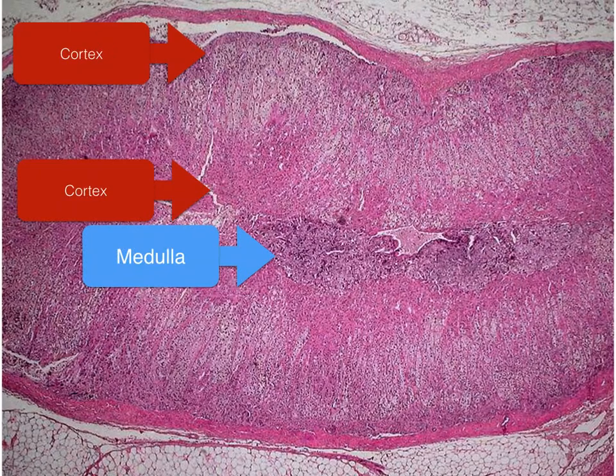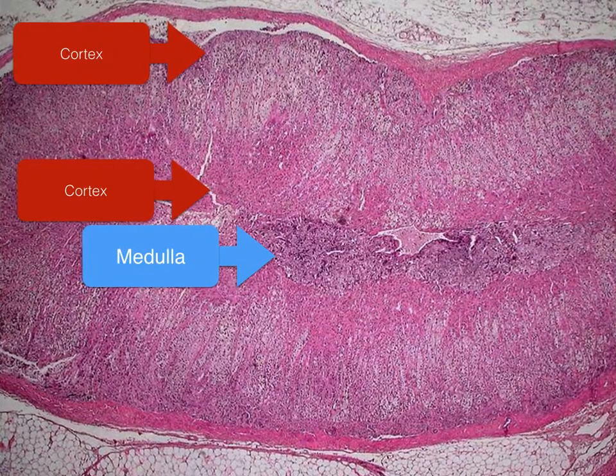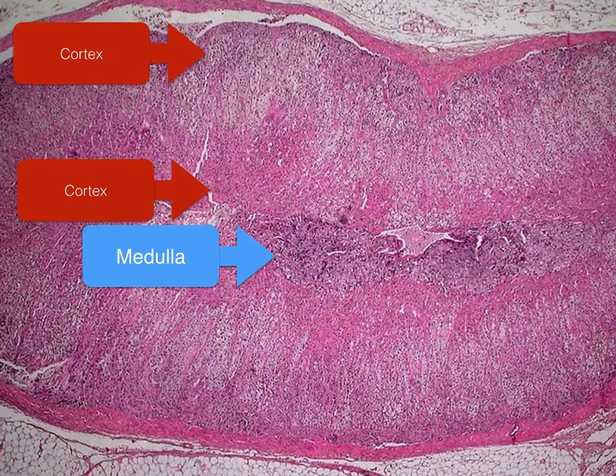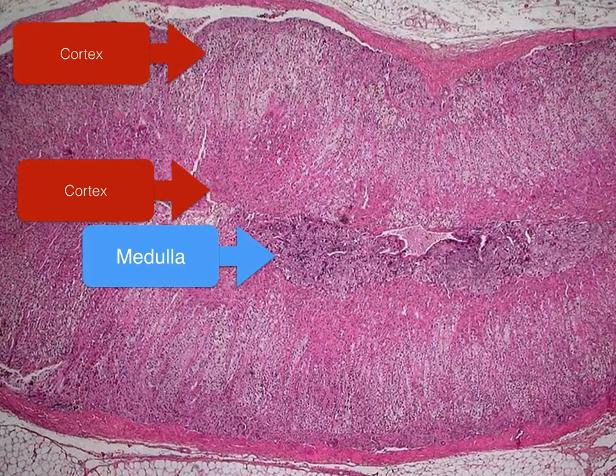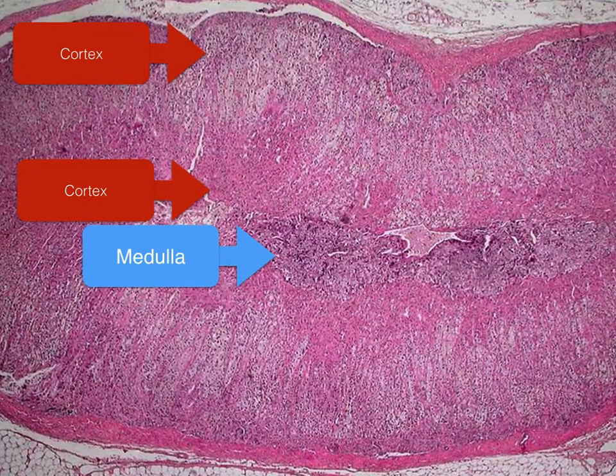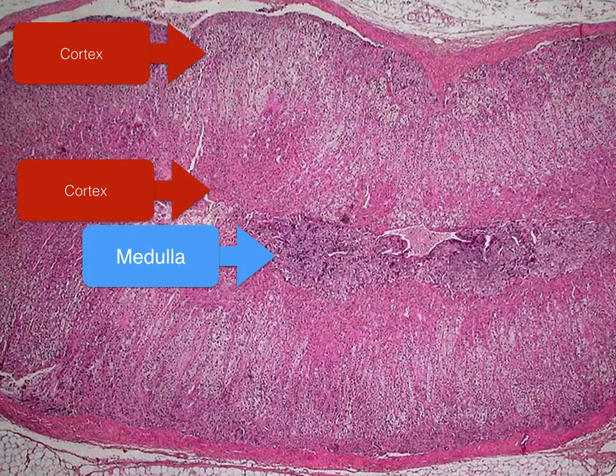At scanner view, we can see that the adrenal gland has two distinct parts: the cortex and the medulla, which differ in structure, function, and embryological origin.